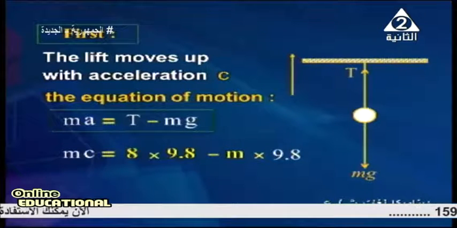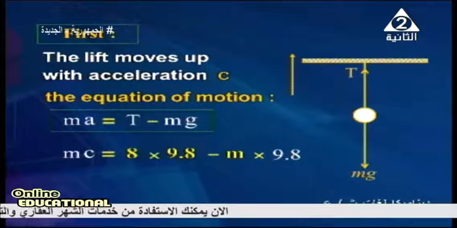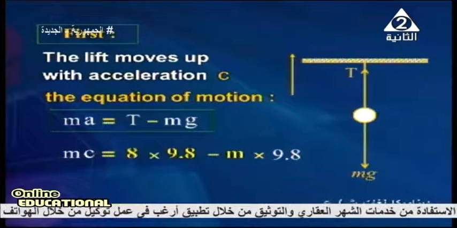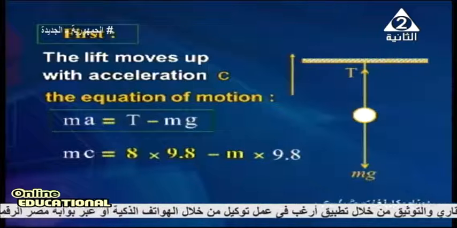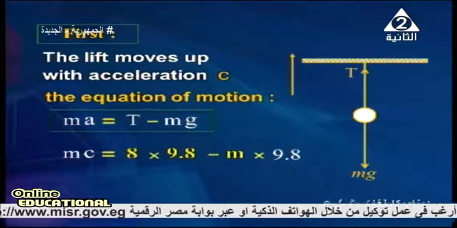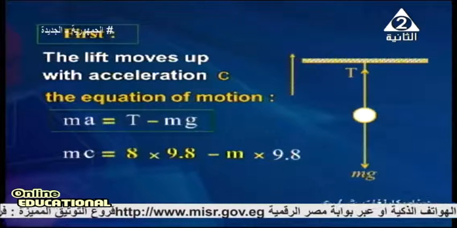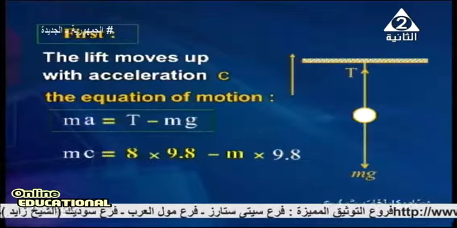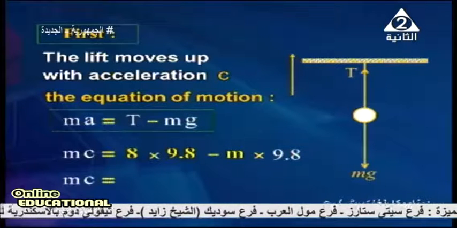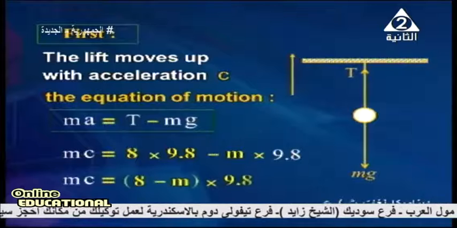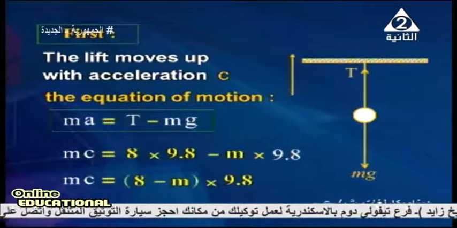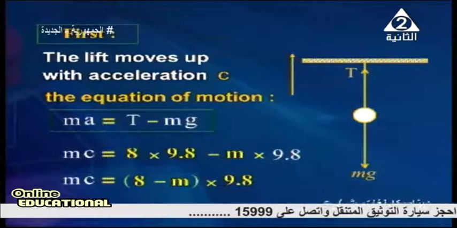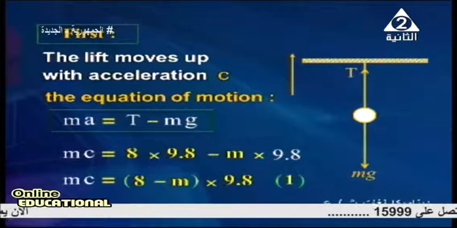Then mc equals 8 times 9.8 minus the mass m multiply g, which equals 9.8 meter per second squared. We can take 9.8 as a common factor in the right hand side. Then mc equals the bracket 8 minus m multiplied by 9.8. This equation is equation number 1.